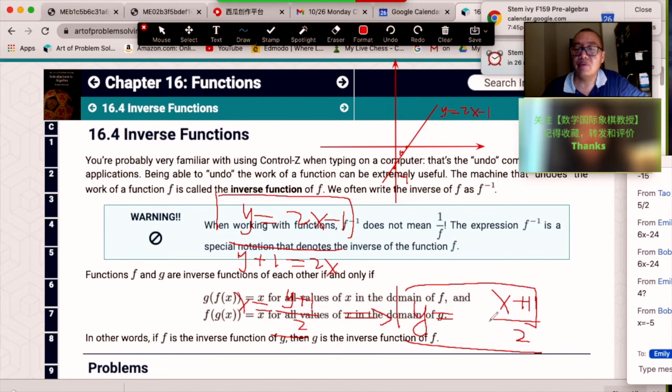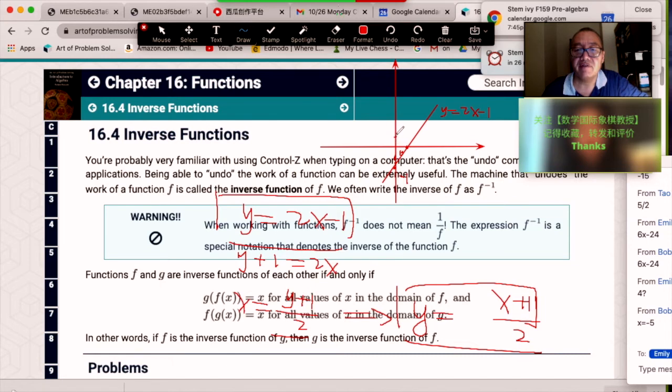Now let's draw the plot of the inverse function. When x equals 0, y equals 1/2, which is here.